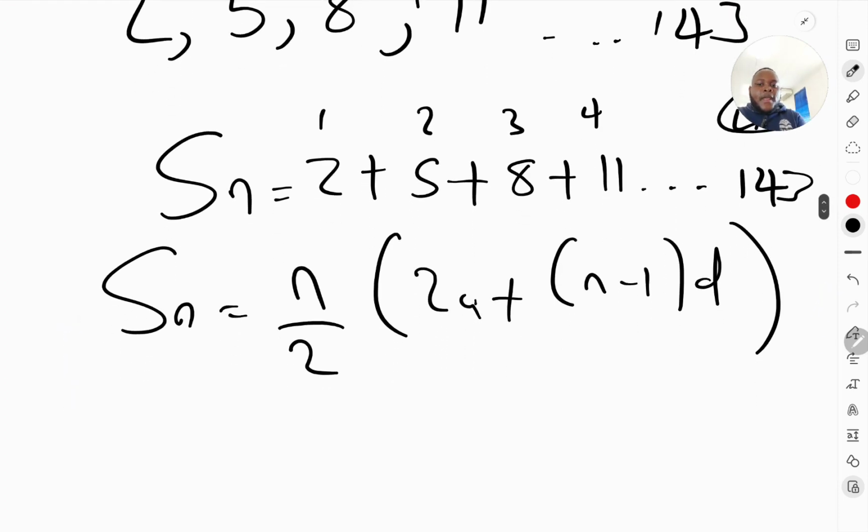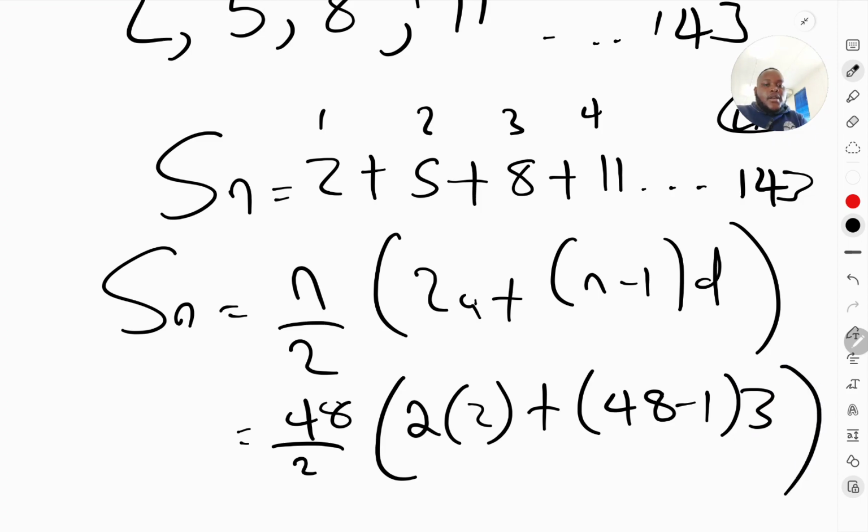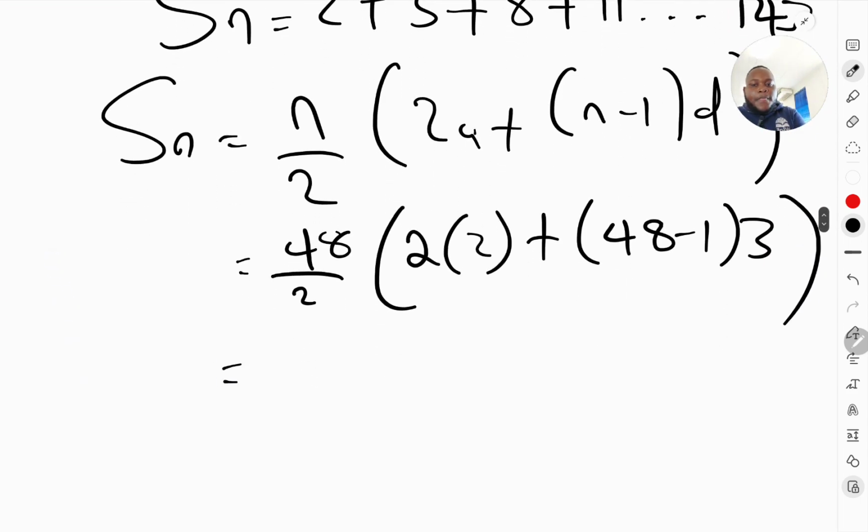Therefore, it's going to be 48 over 2. Then I'll have 2, what is the first term? 2, plus the number of terms I'm supposed to add, which is 48, minus 1, multiplied by the difference, which is 3. Therefore I'll have 48 all divided by 2, open bracket, 2 multiplied by 2 plus 48 minus 1 multiplied by 3.